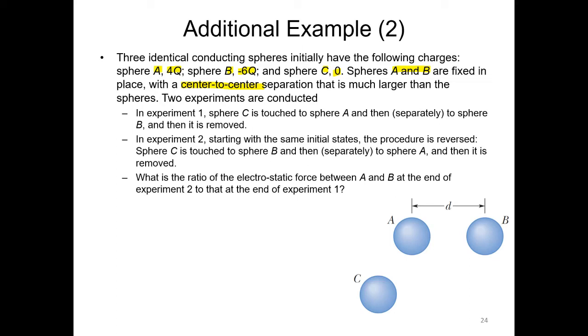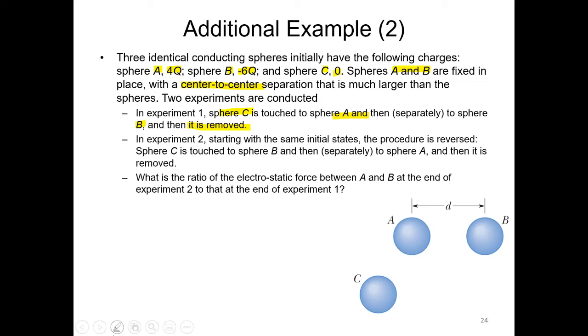In experiment 1, sphere C is touched to sphere A and then separated and touched to sphere B. Then it is removed. So what is the ratio? And there's still experiment 2, but let us explain experiment 1 first.